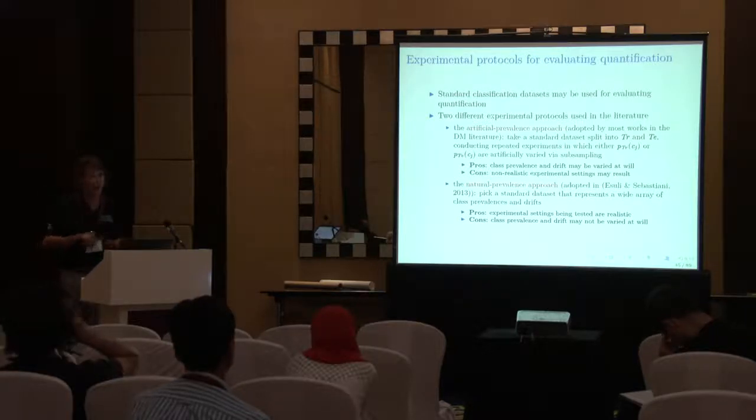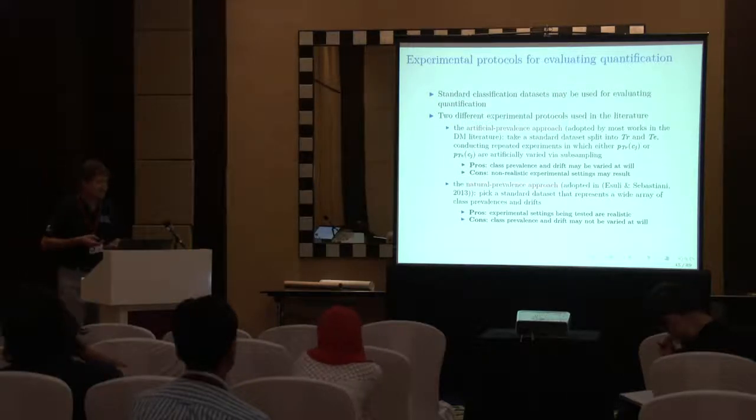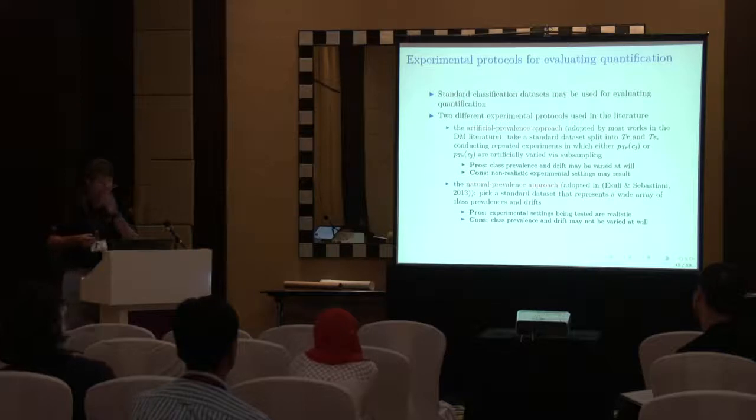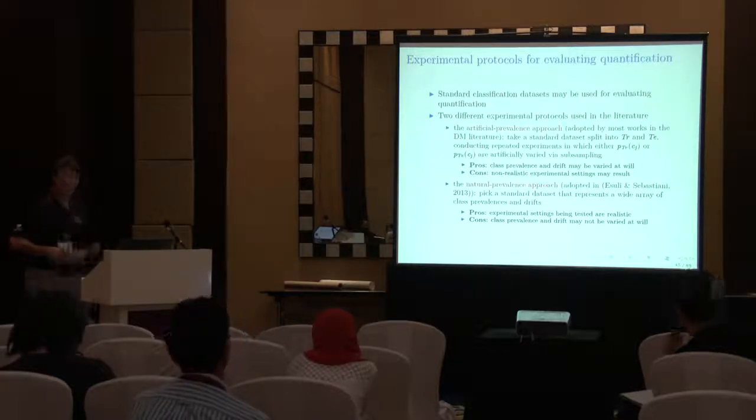You can do the same in the test set, in order to test for several different types of distribution drift, in which the class prevalence increases, even dramatically, from training to test, or dramatically decreases. This is what I call the artificial prevalence approach.